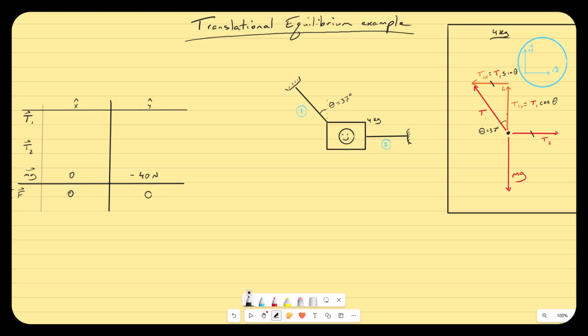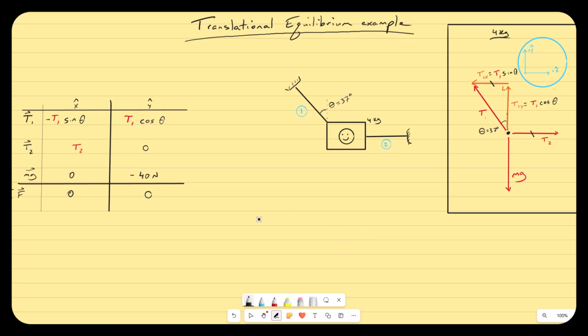My T2 is just T2 as an unknown and 0 in y. And my T1 is a T1 sine theta in the negative direction for x, and a T1 cos theta for y. And then it's the same problem that I just did.